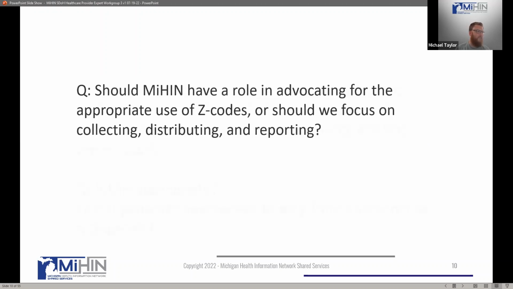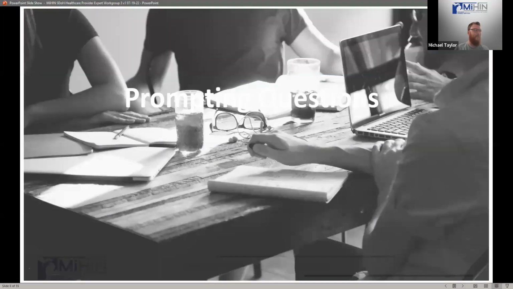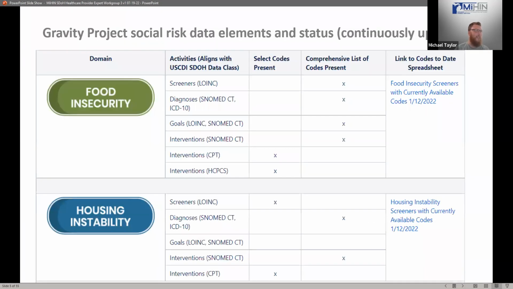Actually, one of my earlier slides was straight from their website. When you click on this link on their website, you'll get to a file that has all the codifications, including the Z codes. Oh, perfect. Okay, wonderful. I think that's very helpful too, right? So having that right then and there for practices is great.